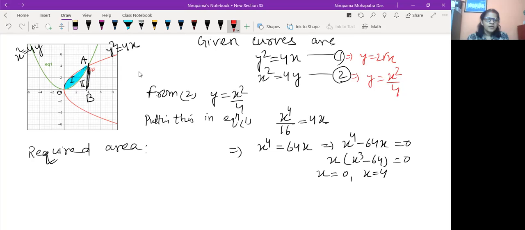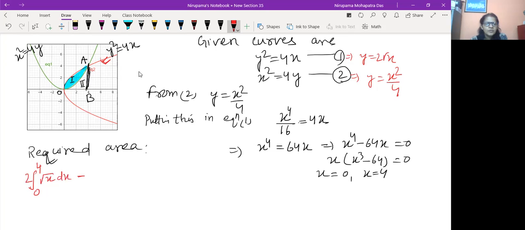So the required area is from 0 to 4, bounded by y square equal to 4x. It means 1 plus 2, we are taking the entire OAB, so y is 2 root x dx.